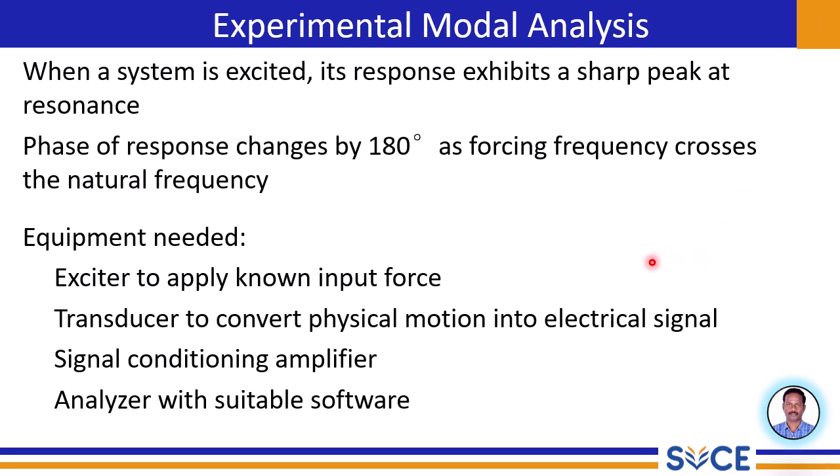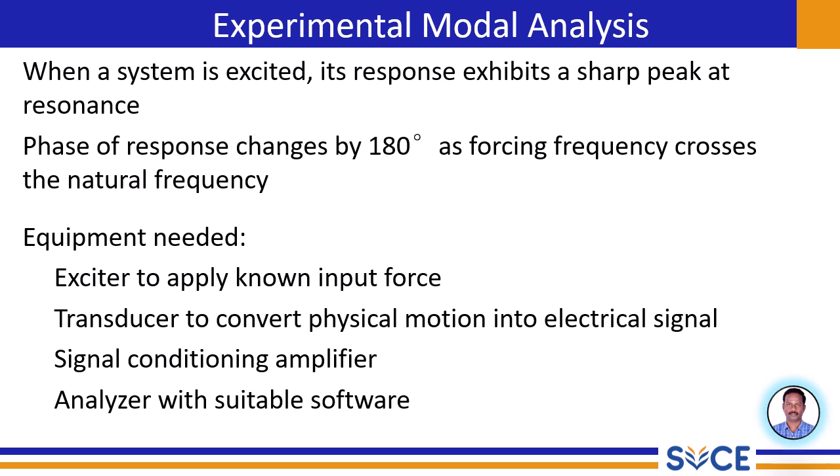The next thing is that the phase of the response changes by 180 degrees as the forcing frequency crosses the natural frequency. For this, imagine plotting the input force and the resulting vibration response over time. Below the natural frequency, the response might be roughly in phase with the force.